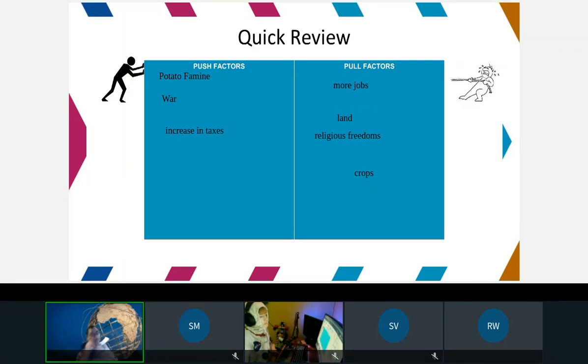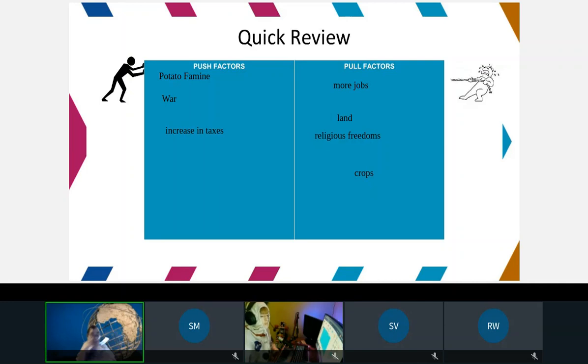How can crops be a push factor and how can they be a pull factor? What happens to crops that makes them a push factor? Think potato famine. What happens with crops that makes them a push factor?